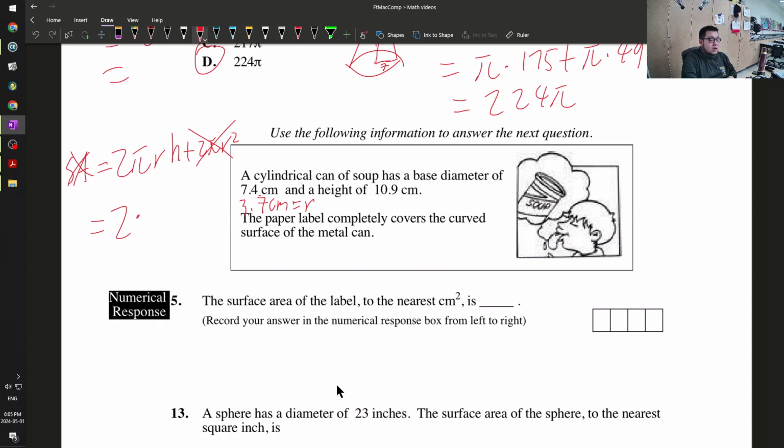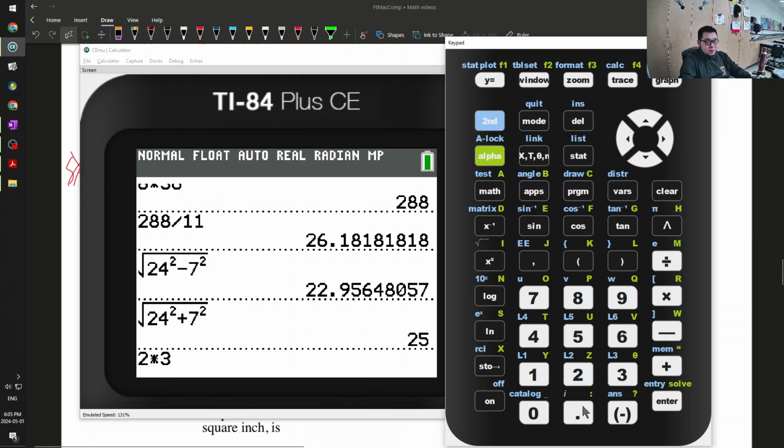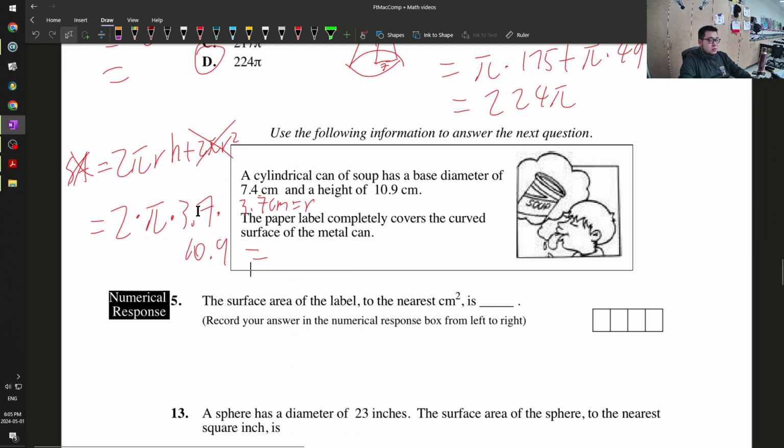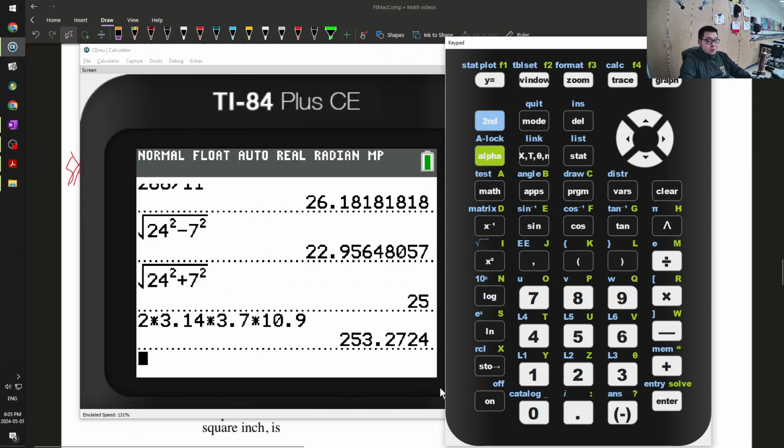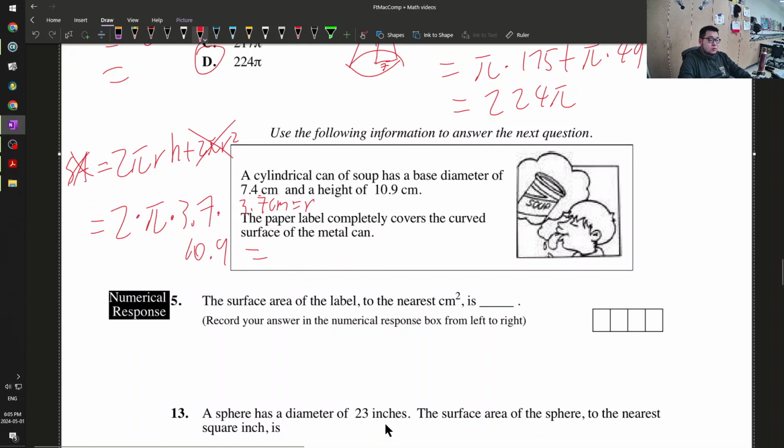So 2 times pi times radius, 3.7, times h, 10.9. Okay, so 2 times 3.14 times 3.7 times 10.9 gives me 253.27, rounded, which is equal to 253 centimeters squared.